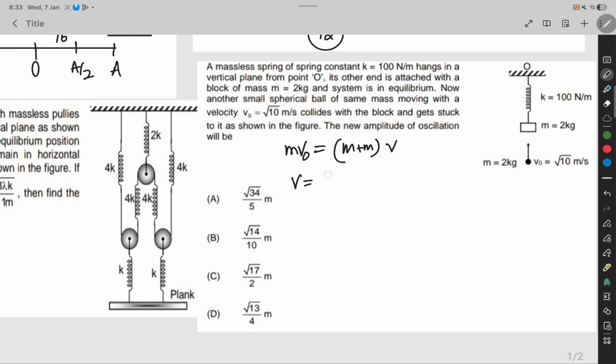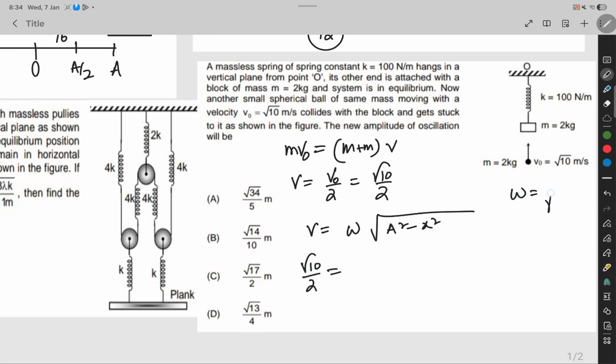That's an example of perfect inelastic collision, so v equals v naught by 2, that is root 10 by 2. Now you can clearly write v equal to omega root of A square minus x square, root 10 by 2. Omega is root over k by m, that is 100 by the total mass 4, so root 25, that is 5.